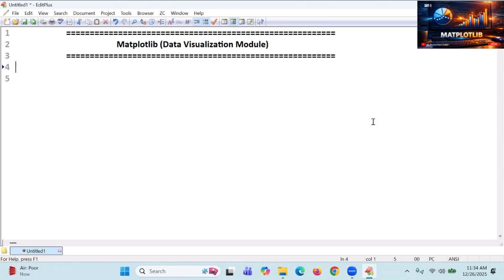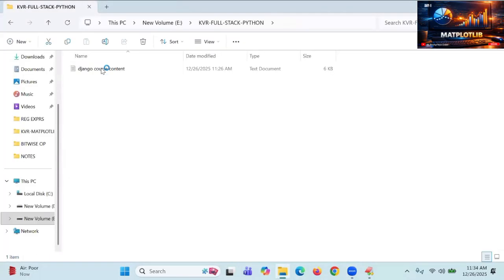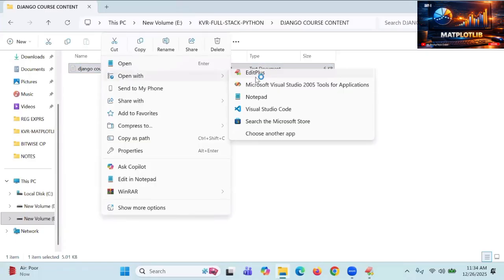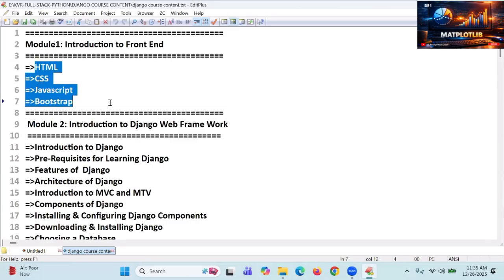So don't make noise. Let us start the discussion. Online students, Ashish: to learn Django, we need to know about front end also. That's why I kept one small point here, a heading at the beginning: Introduction to front end. Do you know front end or not? Raise your hands.